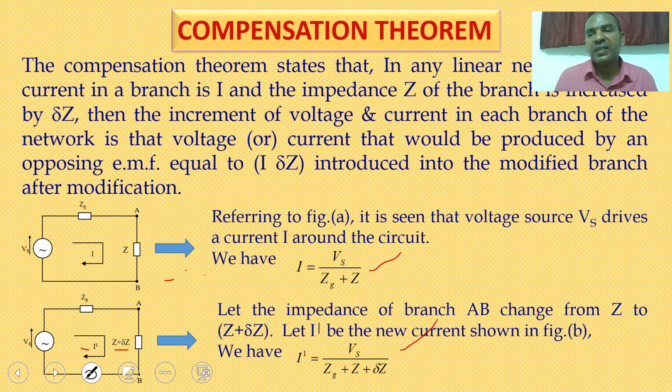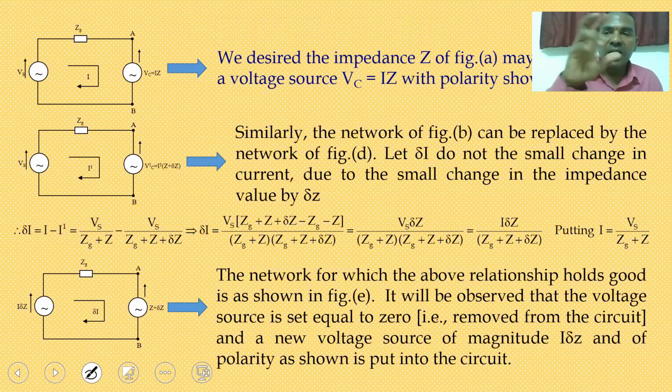Such conditions happen practically in any electrical network. At that time we have to compensate. That's why this theorem is also called the compensation theorem. We are compensating and maintaining the currents and voltages at the same levels. For the incremental current you get with respect to the incremental impedance, you take the compensation voltage.